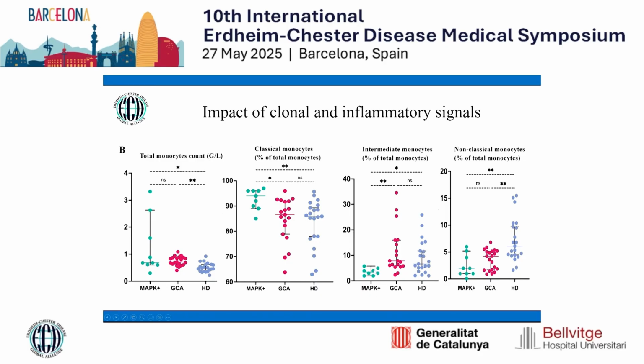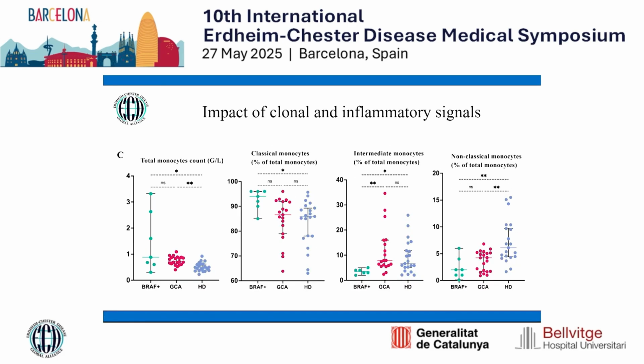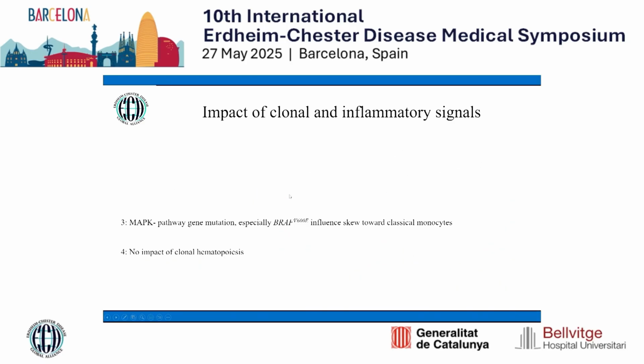There is still the decrease in the intermediate monocytes, and there is also a decrease compared to LC donor, what was seen first in the paper by Matthias Papo, and because of the MAPK-kinase mutations, most prevalent was BRAF. This is the result that you have in patients with BRAF mutation. So with that, we can say that the differences are due to mutation in the MAPK-kinase pathway. There is low CRP level and a decrease in the intermediate monocyte compared to GCA.